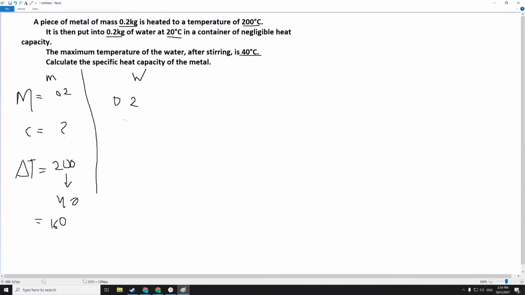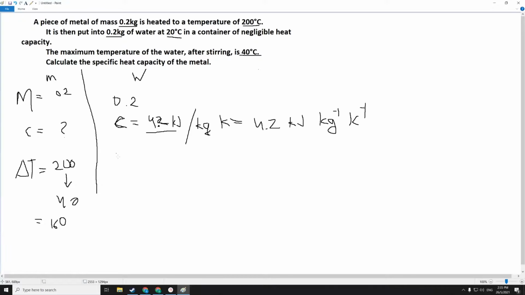We also know the specific heat capacity of water, which you should probably memorize because you're going to encounter it quite often. It's 4.2 kilojoules per kilogram Kelvin. We can also write that as 4.2 times 10 to the 3 joules, using scientific notation, which is usually easier to write.